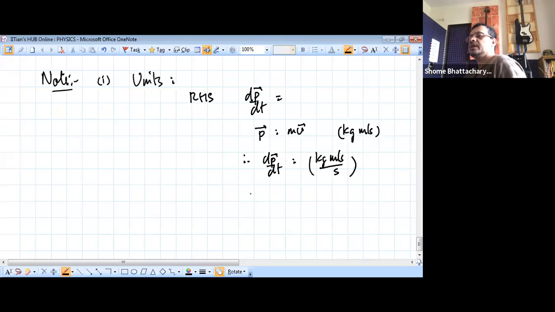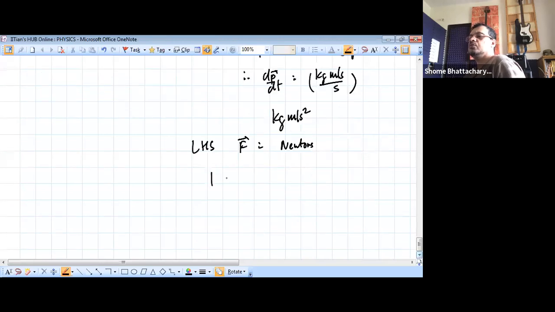So the unit of the right hand side becomes kilogram meters per second square. Whereas on the left hand side, force, the unit for force is newtons. So that is why the relationship is that 1 Newton equals 1 kilogram meter per second square.